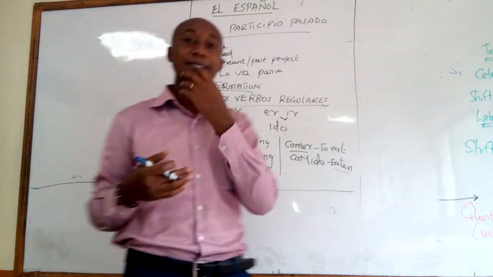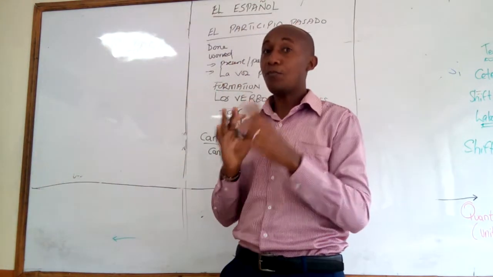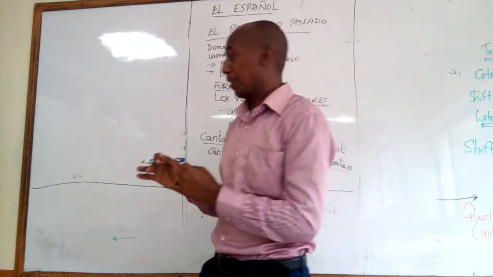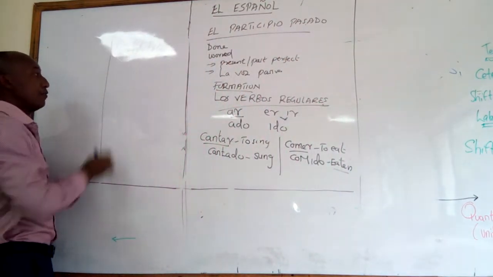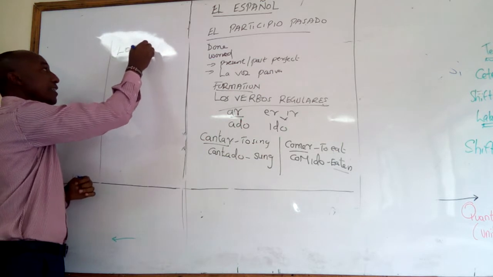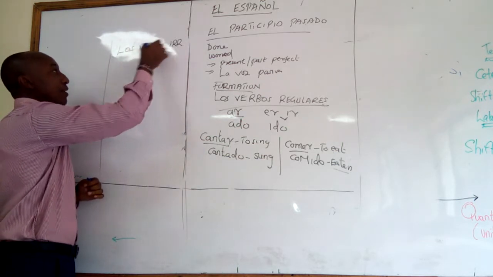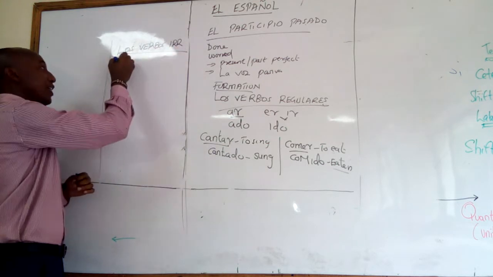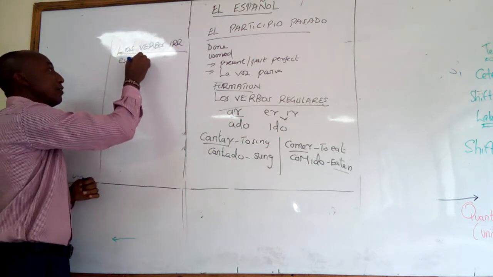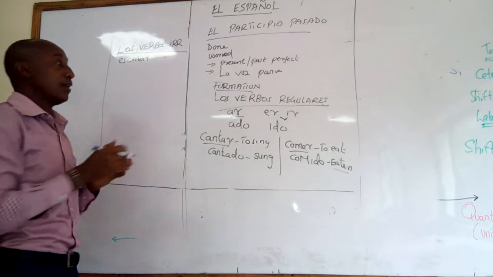Now, when talking about the ones that are irregular, you need to master them one by one because it's a process. For example, we have escribir. So we know that these are irregular verbs. So we have escribir, which we translate to write.